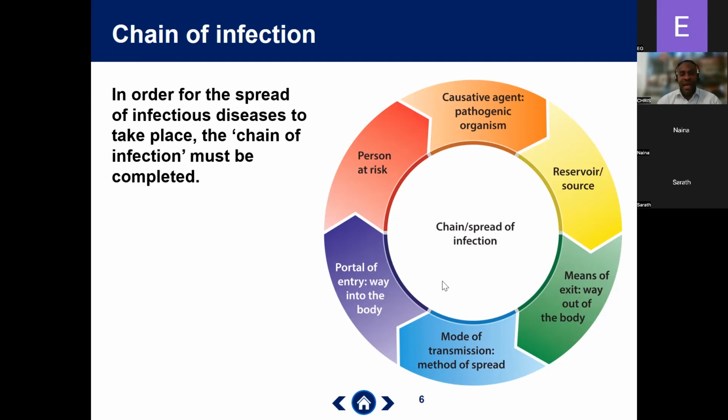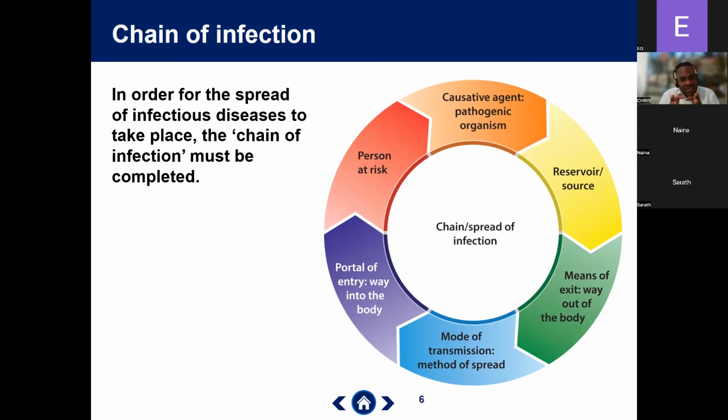Then we have the portal of entry, the way into the body, how it enters into somebody's body, somebody's system. And then that is what we call the person at risk. So once it enters into somebody's body, that person becomes at risk. We say the person is infected.